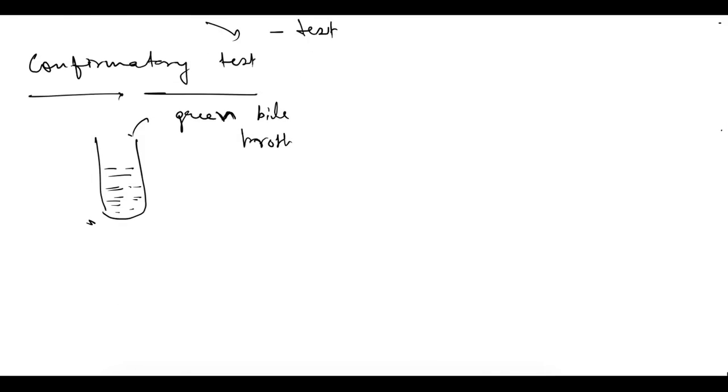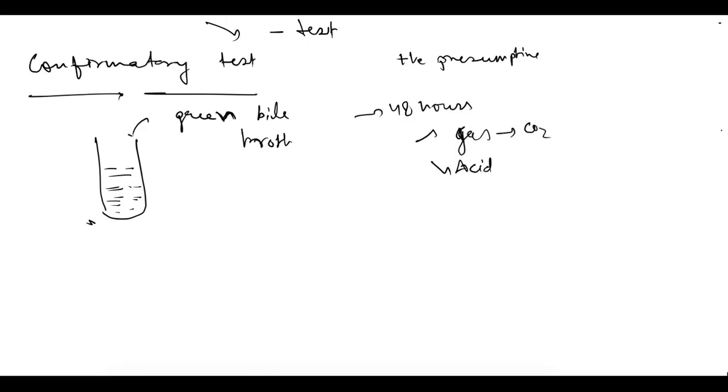Similar test tubes are prepared for all the test tubes which gave positive presumptive result, and these test tubes are incubated for 48 hours, and after 48 hours they are checked for gas formation, that is for CO2, and for acid, and if this gas and acid is present, then it is a positive confirmatory test, and if it is not present, then it is a negative test.